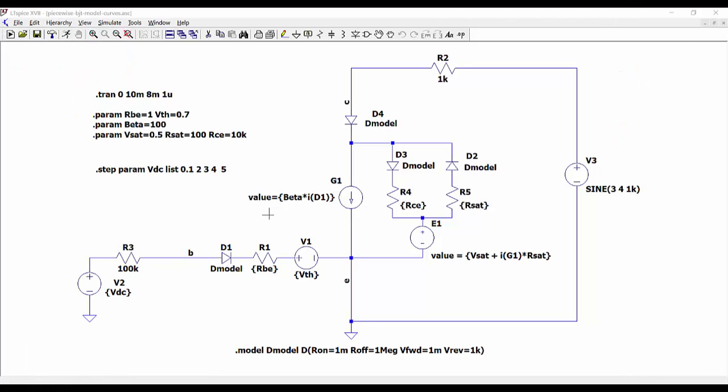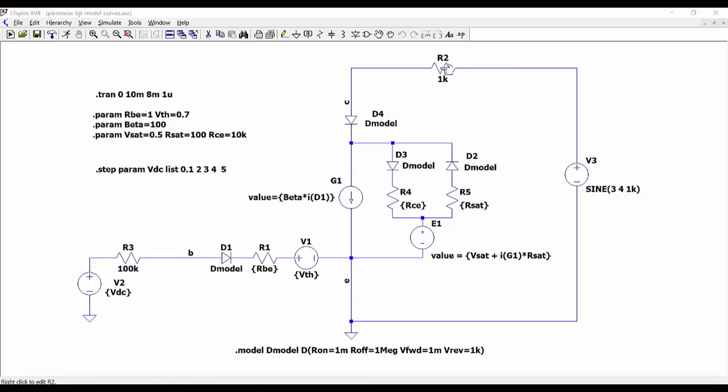So now we are going to do a simulation in LTspice to obtain the characteristics of our transistor to see that the model is operating well. What we are doing is to use a voltage source and a series resistance to inject a given current through the base, and then at the output using a sinusoidal voltage in series with a resistance.